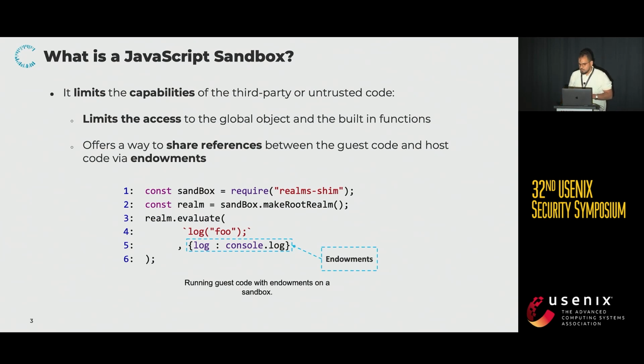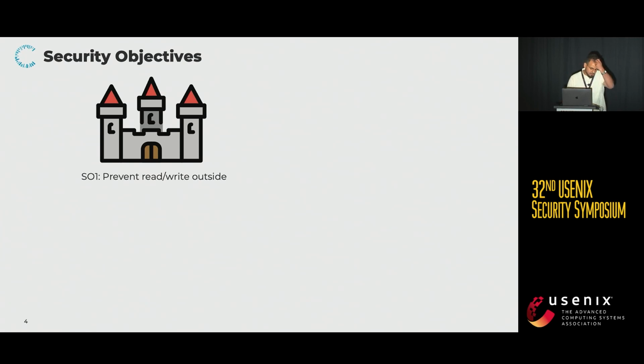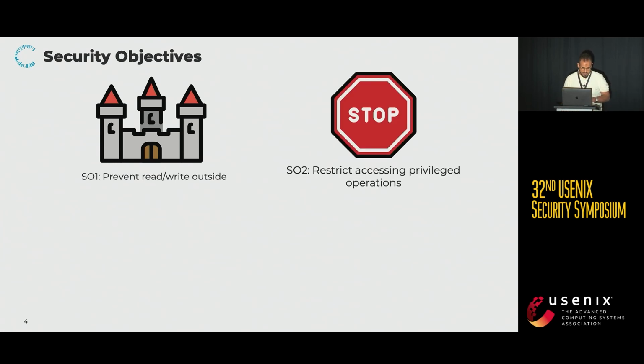I'm going to divide my presentation into two key points. The first key point is the study of language-based sandboxes. We have studied the language-based sandboxes, and according to our findings, the sandbox must, first of all, prevent read and write outside the sandbox, and also it must restrict access to privileged operations.